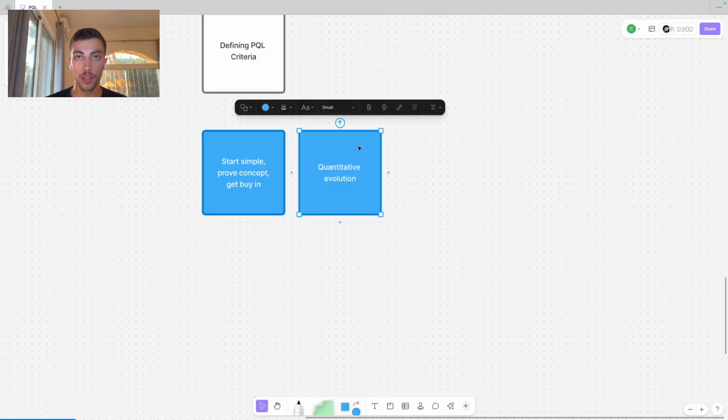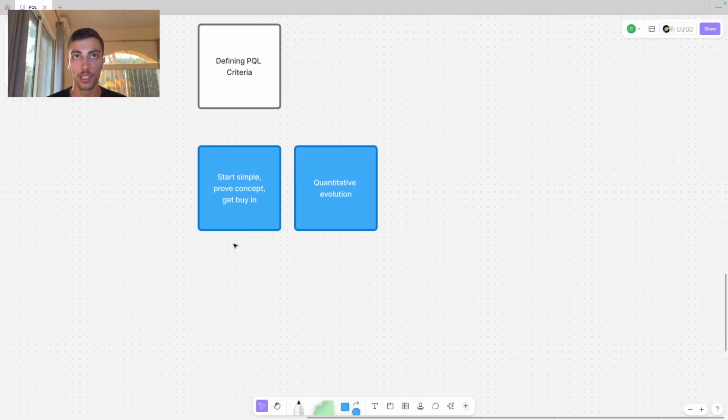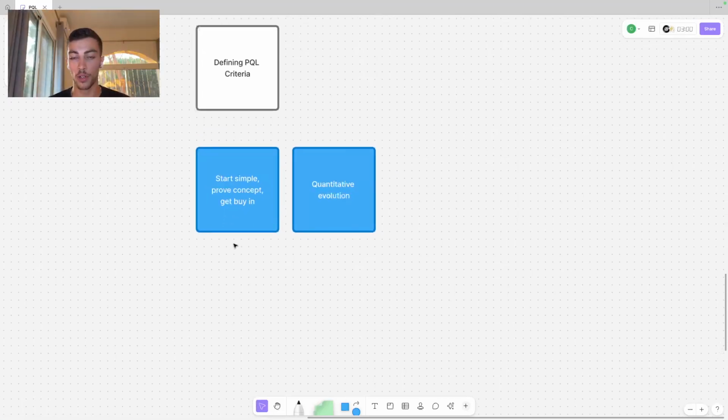Again, the problem with this is it can get too complicated, especially with earlier teams. By complicated, I mean getting the teams on board with it, because they all need to believe in it to push for it. In addition, smaller teams usually don't have the cleanest data when it comes to event tracking or CRM close rates or the entire CRM pipeline. Those are challenges to be mindful of.